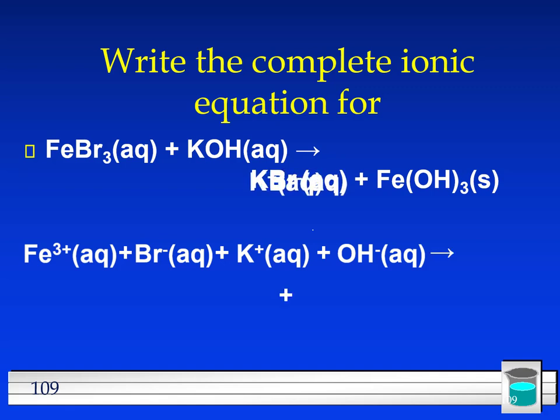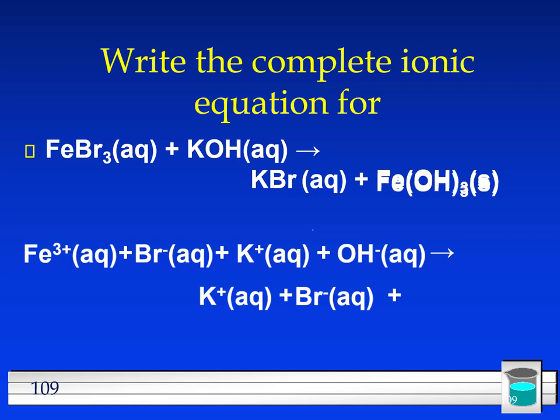So that means it's K plus and Br minus. On the product side, is there really Fe(OH)3? Well, it says solid next to it, so that must be the solid sitting at the bottom that separated itself out of solution. So that is the complete ionic equation. But see, all I did was take the chemical and figure out what ions there were.